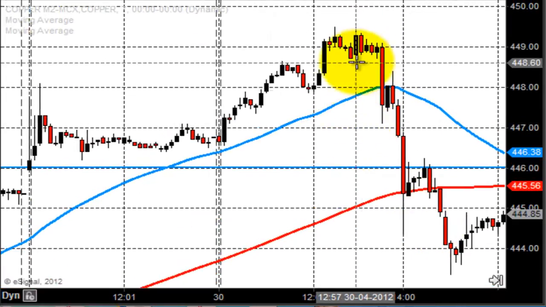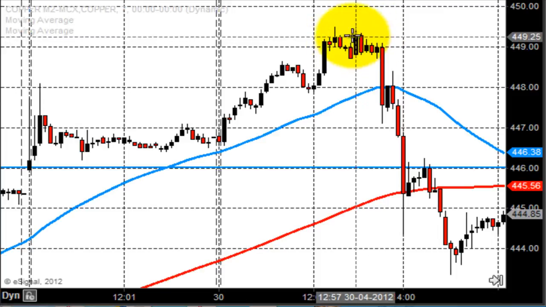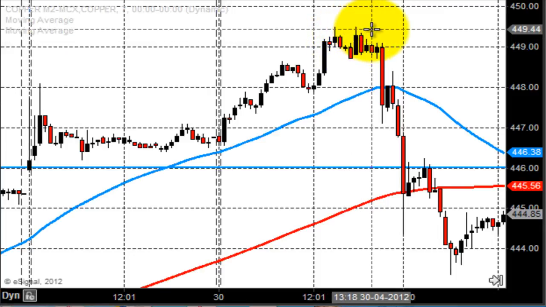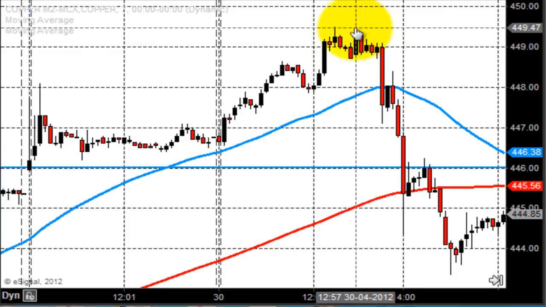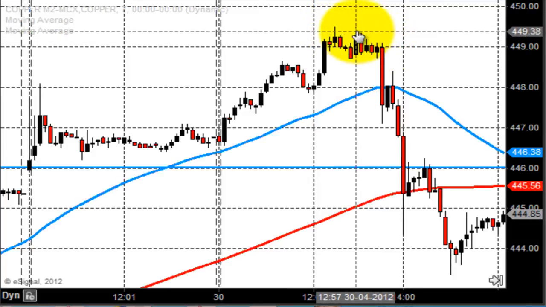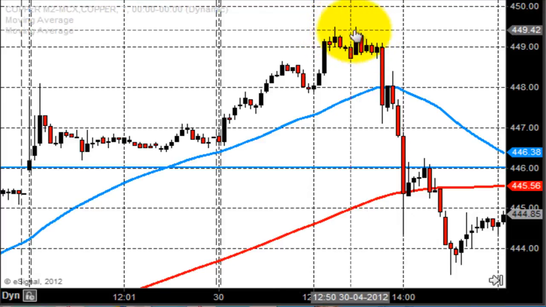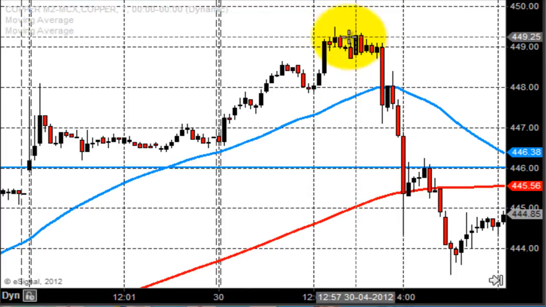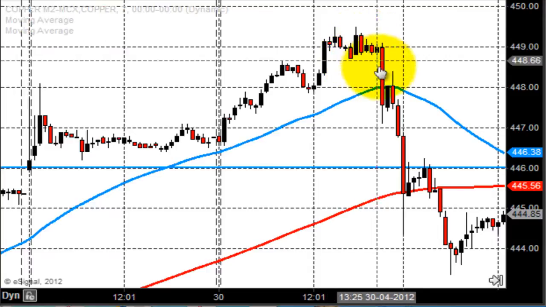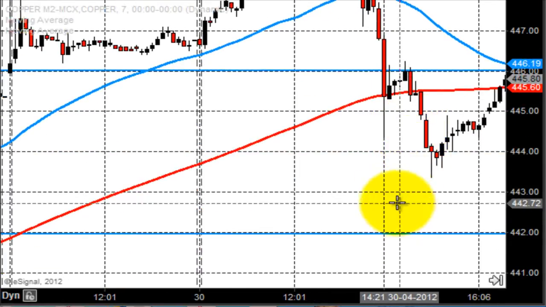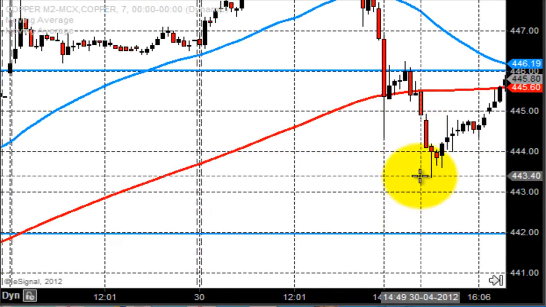You can see the level of selling that happened from 449.5. Since 449.5 provided a huge amount of selling, we should consider this as an intermediate resistance level, and we can make a note of that. After that the price dropped down and came down to 443.5.